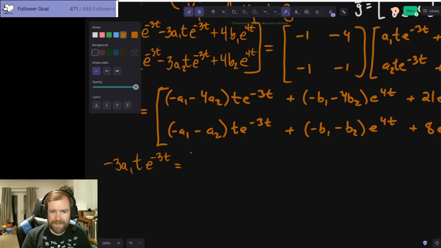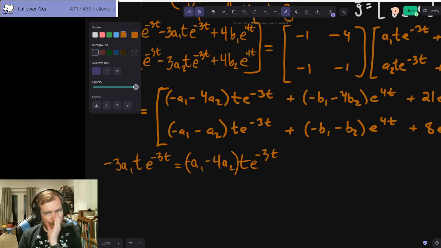So we'd have minus 3a1 equals minus a1 minus 4a2. I was going to suppress that part of it, but now that we're on the subject, I think it might be strategic to put these in.